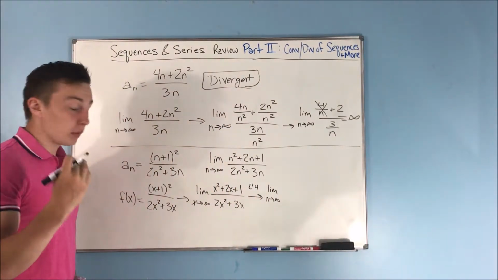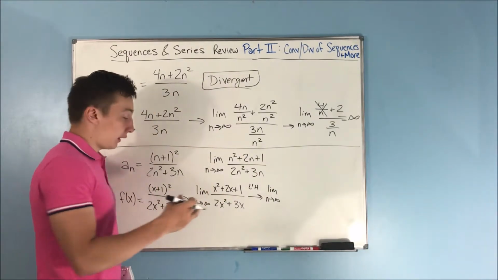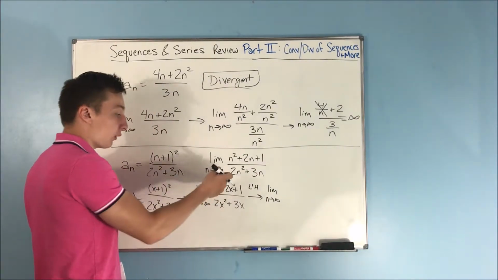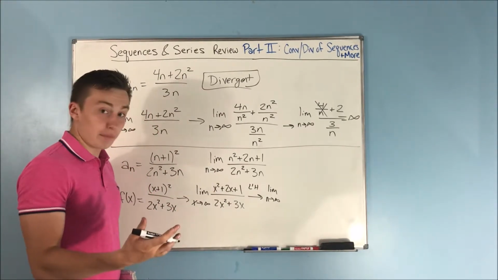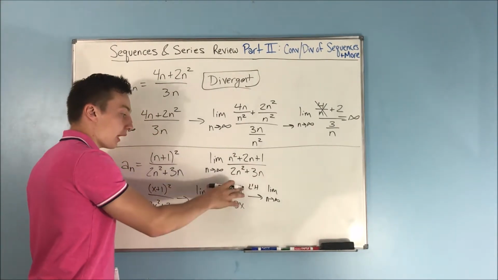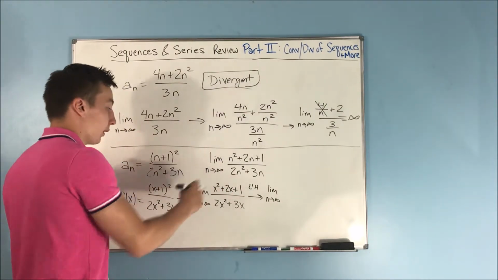If we use L'Hopital, our next limit is going to be, well, remember what L'Hopital says. We have to have a case like infinity over infinity or 0 over 0, an indeterminate form. Then we can take the derivative of the top separately from the derivative of the bottom. So here we go.